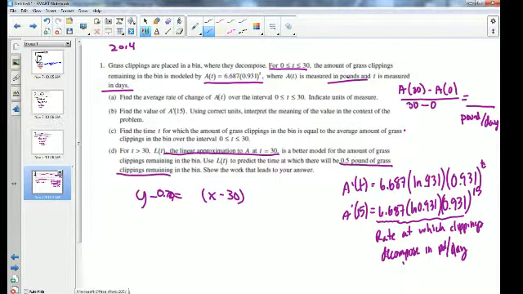And then the derivative is negative 0.055.